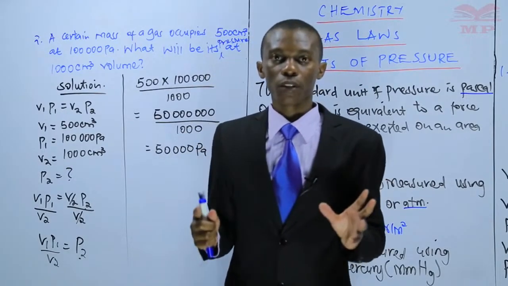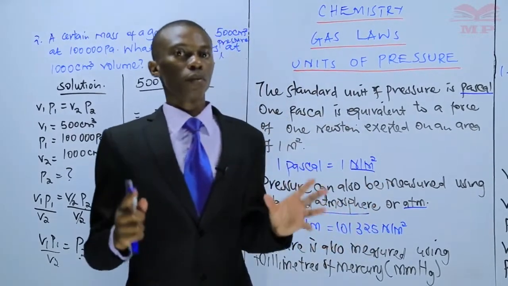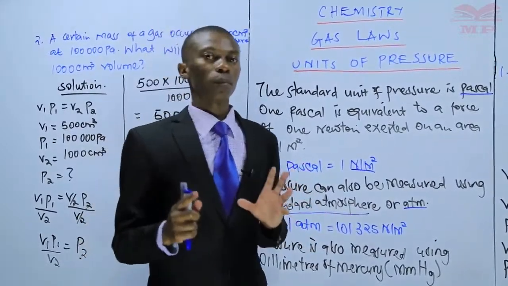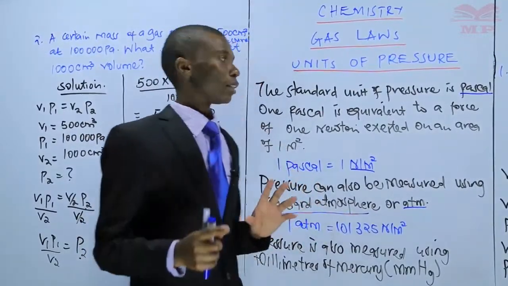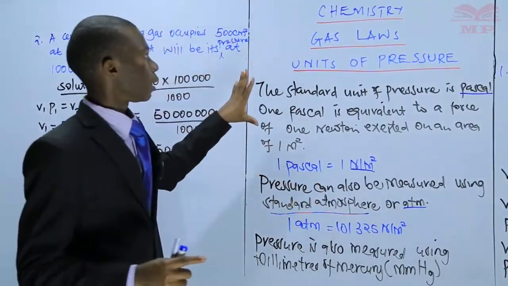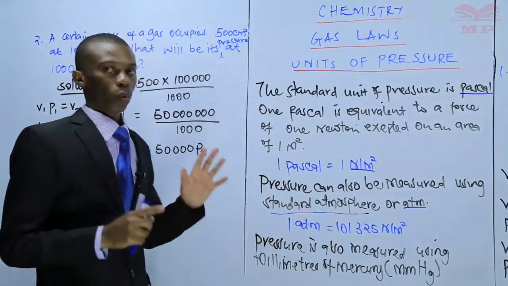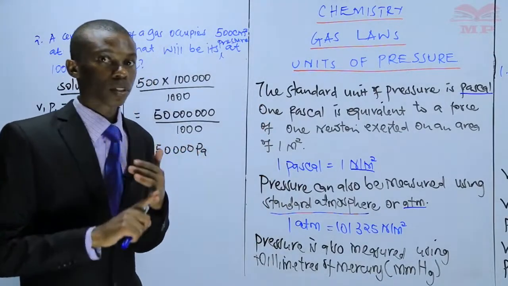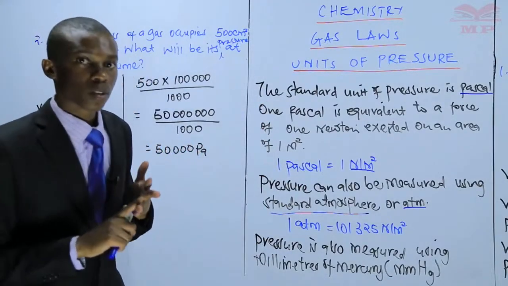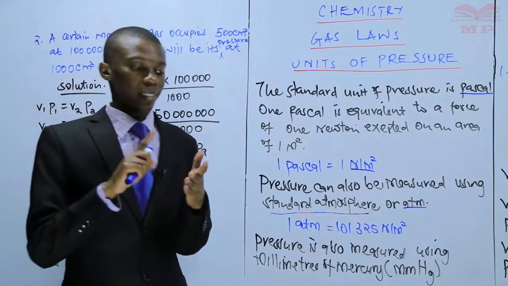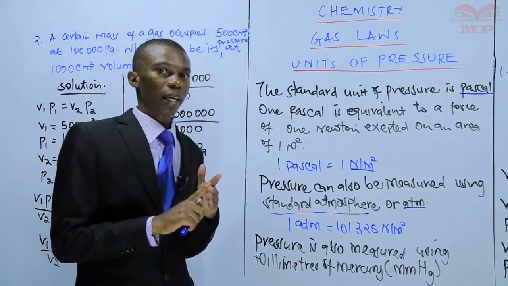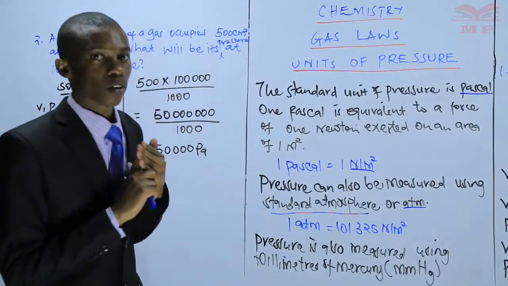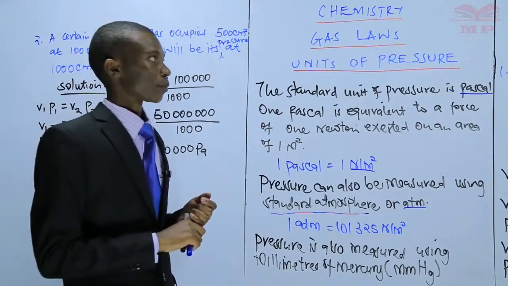That is our lesson for today. But before I end, I want to do a small recap on whatever we have learned. We have learned the units of pressure, which are 4. It can be pascals, Newton per meter squared, standard atmospheres, and millimeters of mercury.